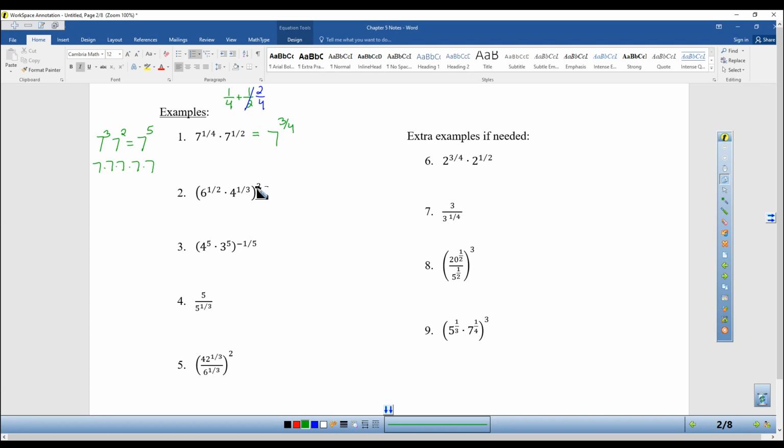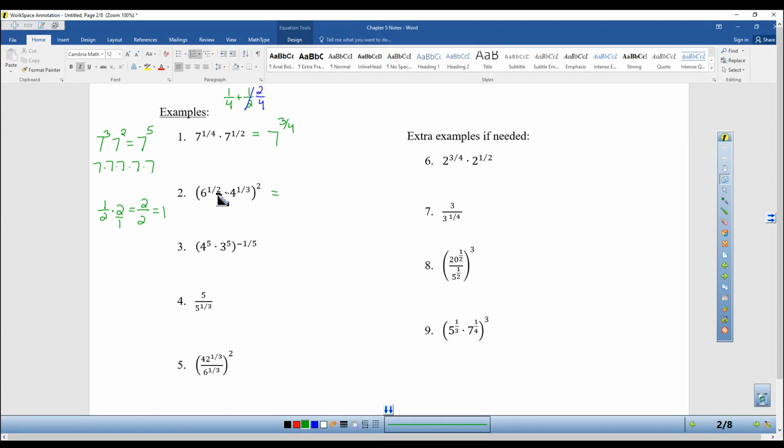The next rule is that if you're raising a power to a power, you multiply them. And I'm not going to go through them all the way I did with this 7, but we are still going to multiply our fractions. So 1/2 times 2. Remember, when you're trying to multiply a fraction by a whole number, it's easiest to make the whole number into a fraction, so you can do numerator times numerator and denominator times denominator.